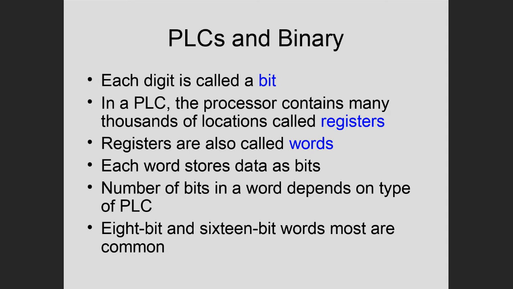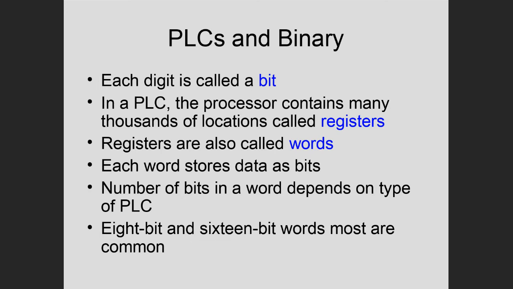The point is this: a register is an actual piece of hardware. A word is virtual. It doesn't really exist. You can think of it as software. But for us in this class, we're going to assume a word and a register mean the same thing.